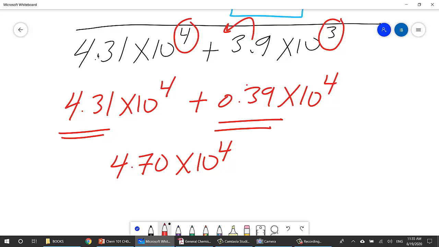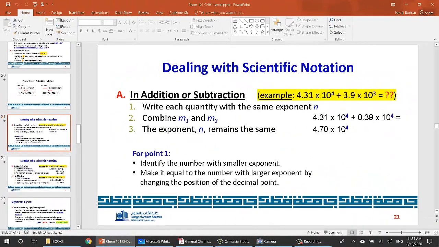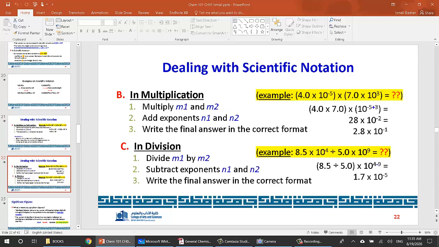You cannot add or subtract numbers with different exponents. You have to unify the exponents first. That's for addition and subtraction. So the steps here: you need to identify the number with the smaller exponent and make it equal to the number with the larger exponent by changing the position of the decimal point. That's the procedure to do this.